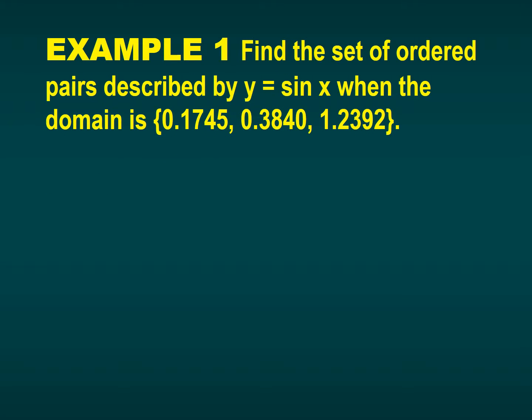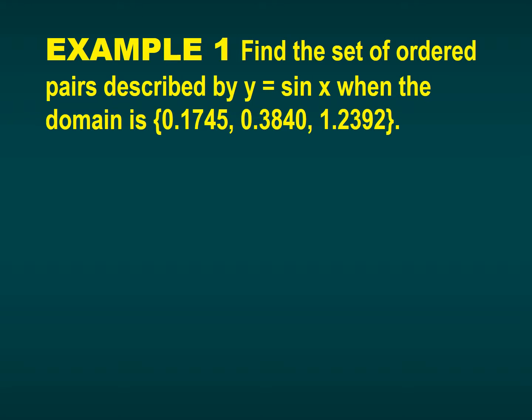So first, let's just talk about a set of ordered pairs. Let's say we wanted to graph by graphing some set of ordered pairs. The domain, these are x values. So if we were to plug in 0.1745 for x, y equals sine of 0.1745.